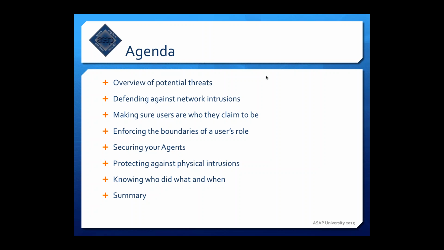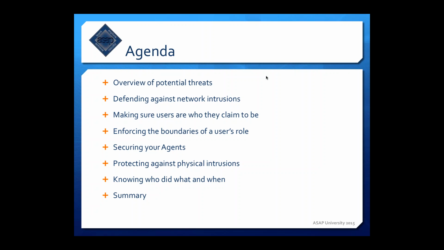We'll see how we know that users are who they claim to be. We'll talk about identity management, specifically LDAP and Active Directory integration and single sign-on with the Dynamic Workload Console, enforcing boundaries of users' roles, implementing a least privilege security model, who needs access to what. I'll talk about the TWS security file.